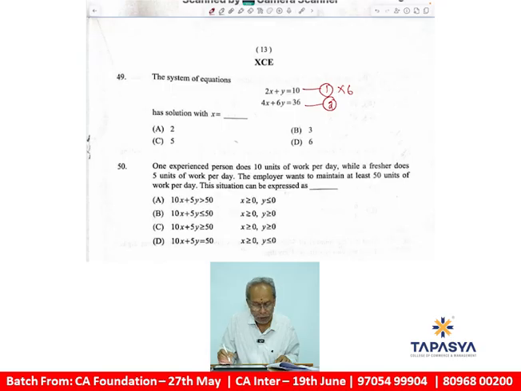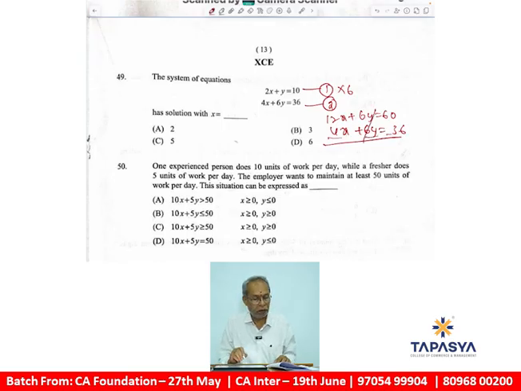Multiplying this by 6 and solving, we get 12x minus 6y is equal to 60, and 4x plus 6y is equal to 36. On addition, y is cancelled, so 16x is equal to 96... that is, x is equal to 3.